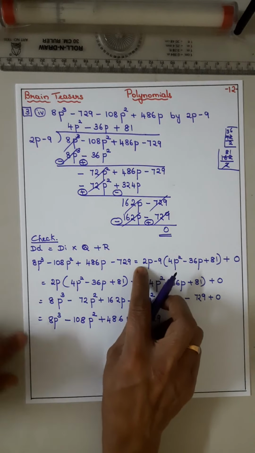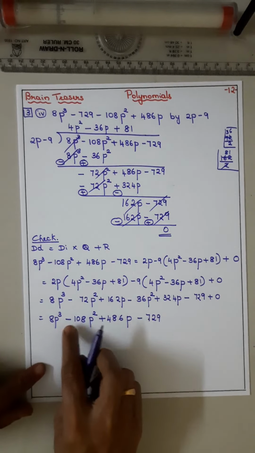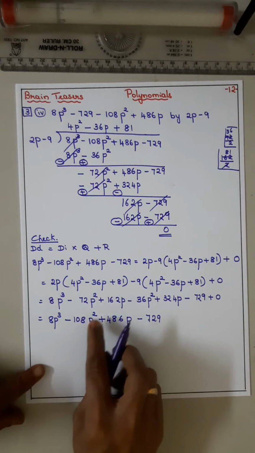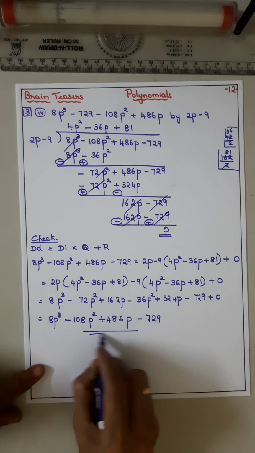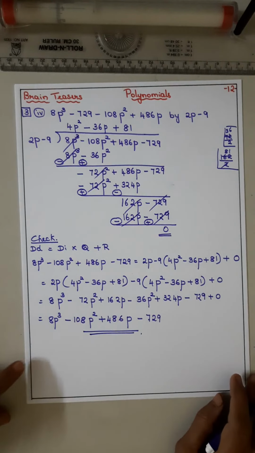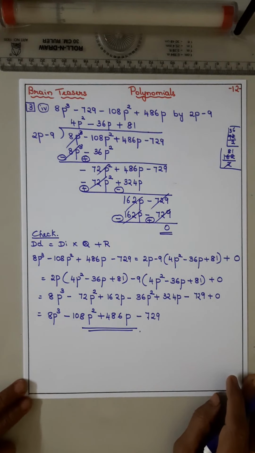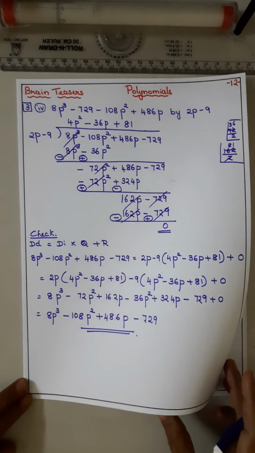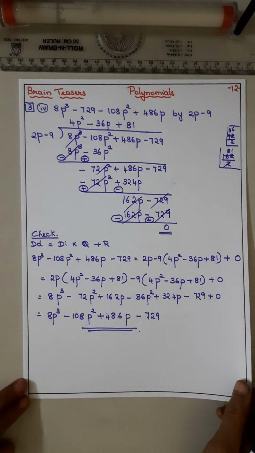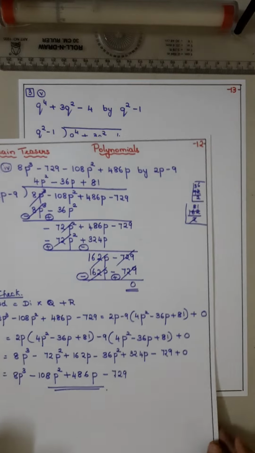Is it the same? 8p cube minus 108p squared plus 486p minus 729. Is it clear? I know these are lengthy sums but not so difficult.